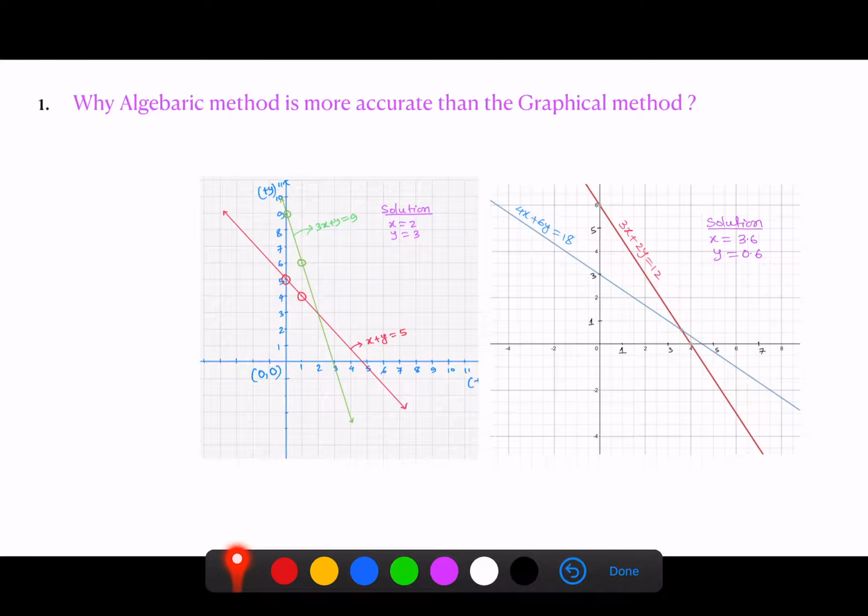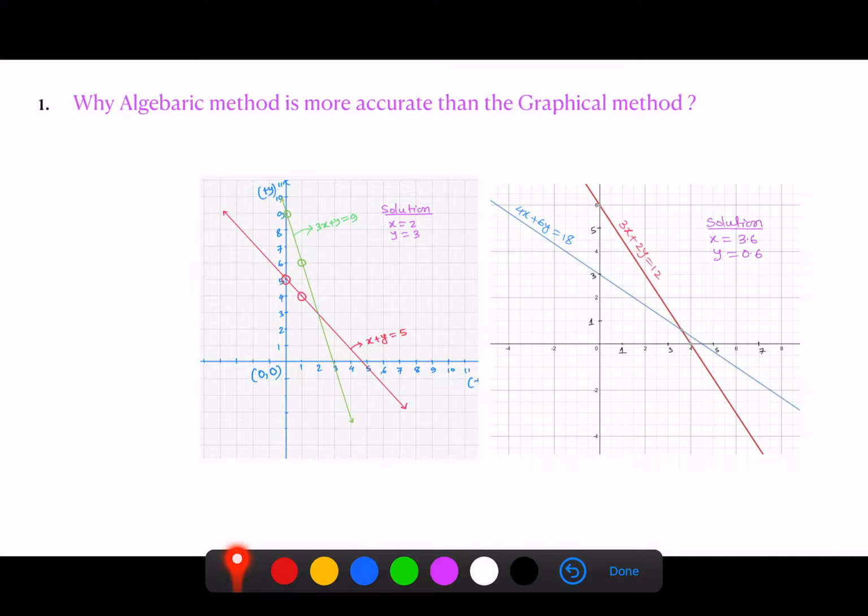Now in this section I will compare the graphical method and the algebraic method. Why is the algebraic method more accurate than the graphical method? In the graphical method, when the intersection point is an integer value, you can easily find it visually.